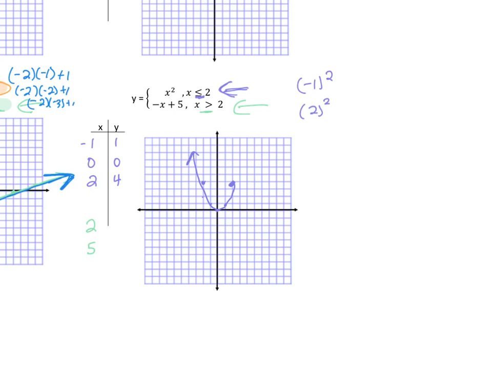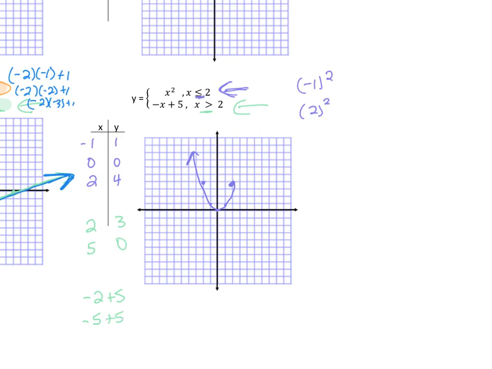We just need 2 points to create this line. If we plug in 2 into this equation, we get the opposite of 2, or negative 2 plus 5, so we get 3. And if we plug in 5, we have negative 5 plus 5, so we get 0.